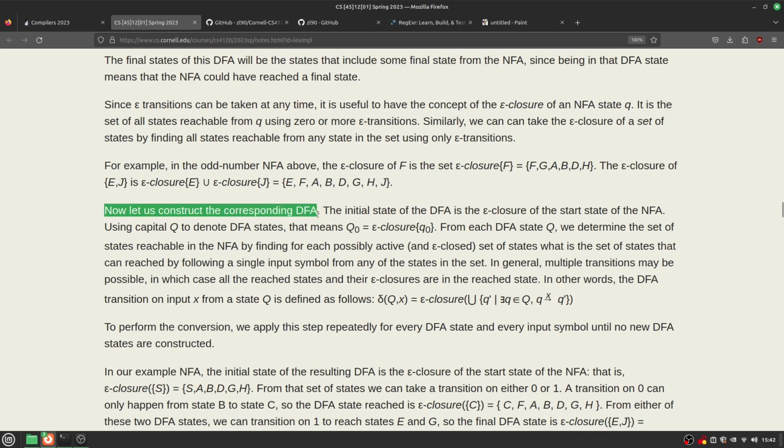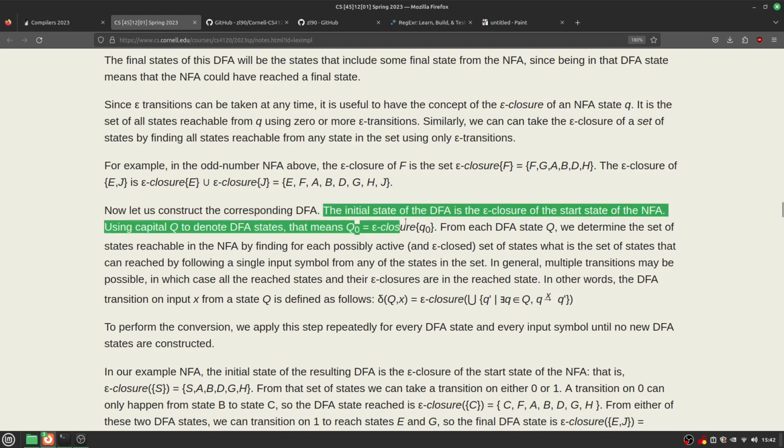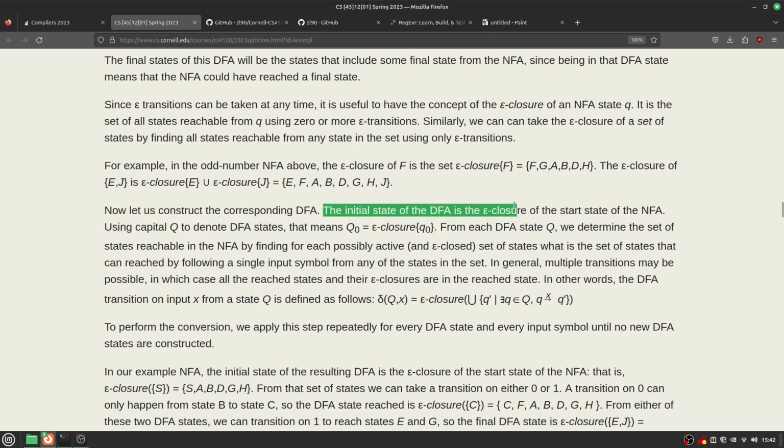Now let's construct the corresponding DFA. The initial state of the DFA is the empty string closure of the start state of the NFA. Okay. Using capital Q to denote DFA states, that means Q0 is the empty string closure of q0.